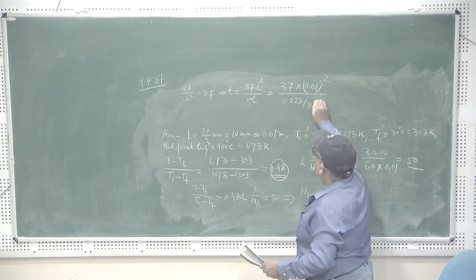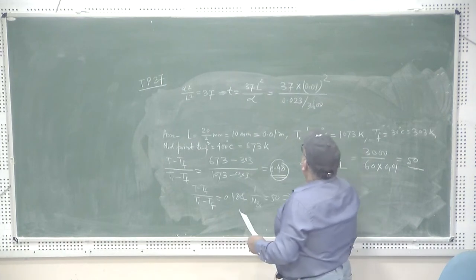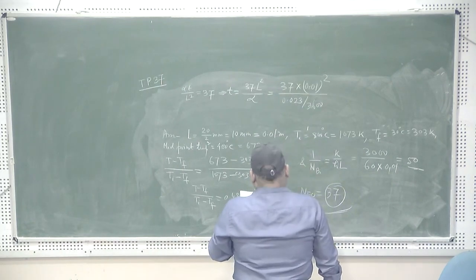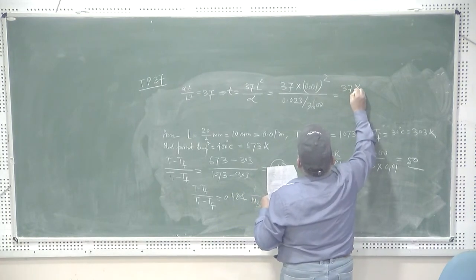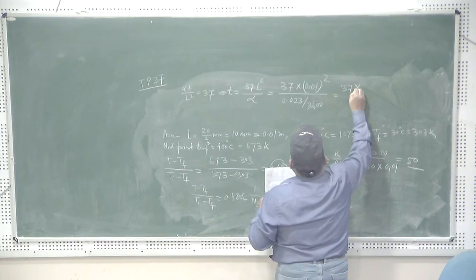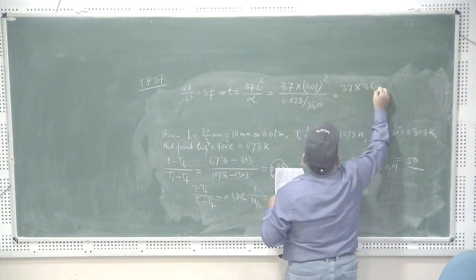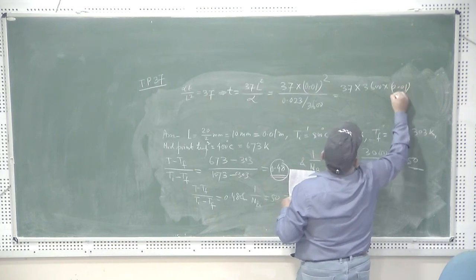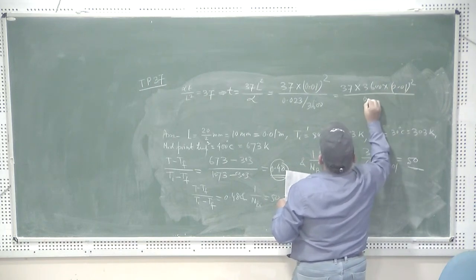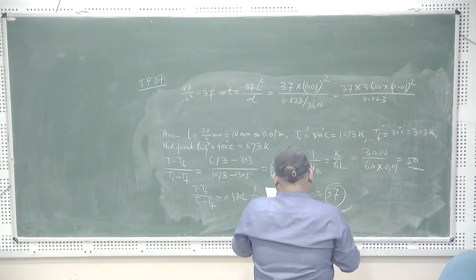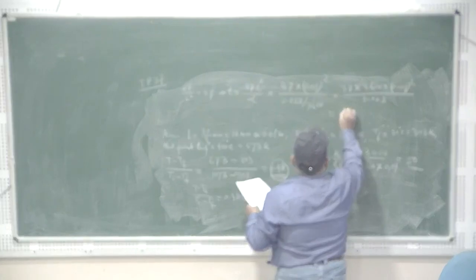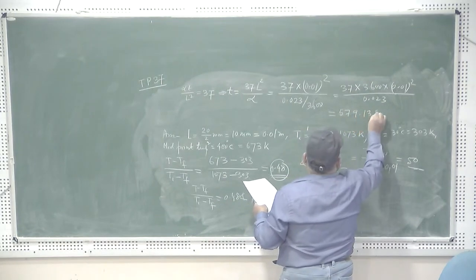So you have to divide with 3600. So ultimately it will be equal to 37 into 3600 into 0.01 whole square divided by 0.023, and this will come as 579.13 seconds.